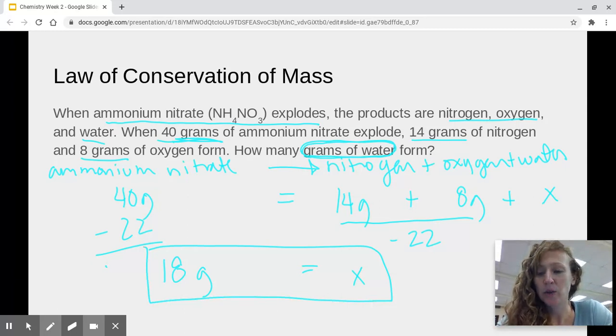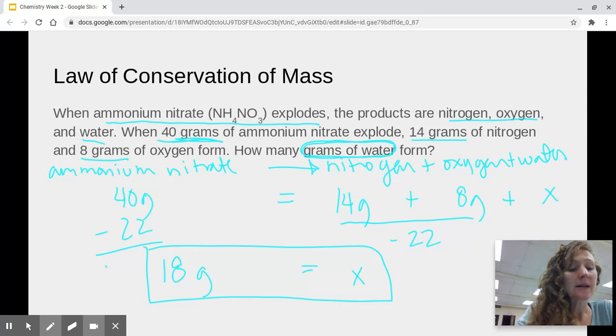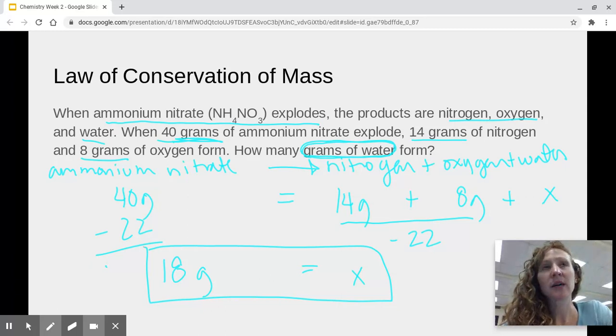This is how you would approach a problem like this that deals with the law of conservation of mass in numbers. Okay, just one more thing conceptually I want to deal with before I let you go. Here is a chemical change that you've had a lot of experience with. When we were talking about physical and chemical changes, almost every chemical change that we referenced was burning.